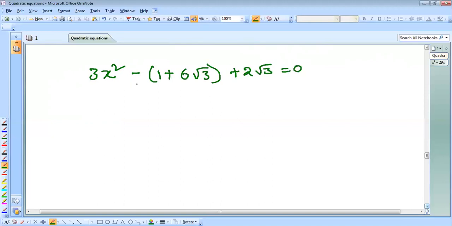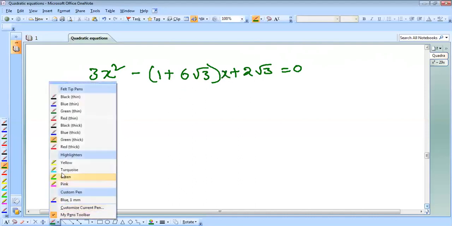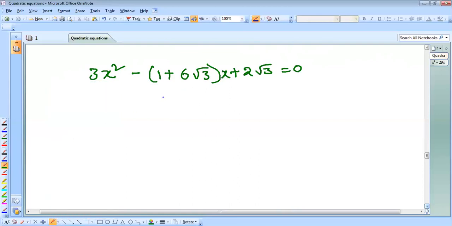Sir, what will we do for this type of question? Nothing, friends. See here, without doing anything, you can say that this constant and this constant will be multiplied: 3 and 2 root 3, how much value? 6 root 3. You have to make it as two factors: one factor is 1, another factor is 6 root 3.